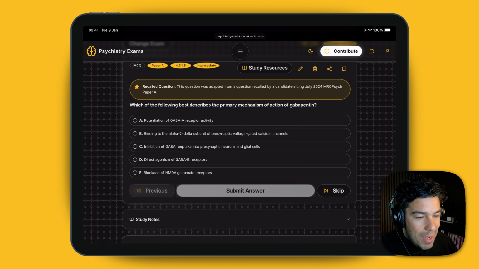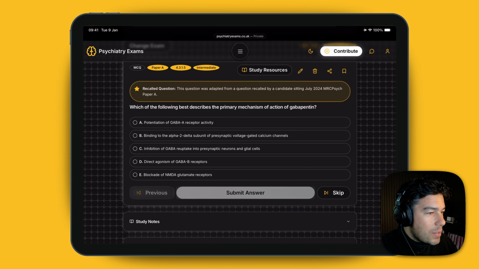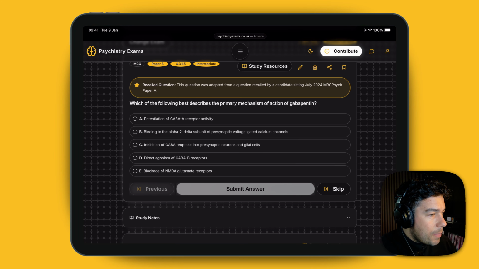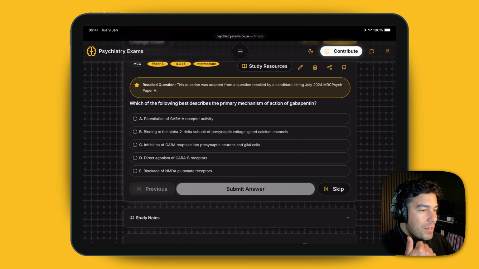So gabapentin is a gabapentinoid medicine, obviously, as the name would suggest, but it's not a classic GABAergic drug. While GABAergic drugs that calm the central nervous system are our benzos, our Z drugs, baclofen and barbiturates. But whilst gabapentin is structurally related to GABA, it doesn't bind meaningfully to the GABA-A or GABA-B receptors.